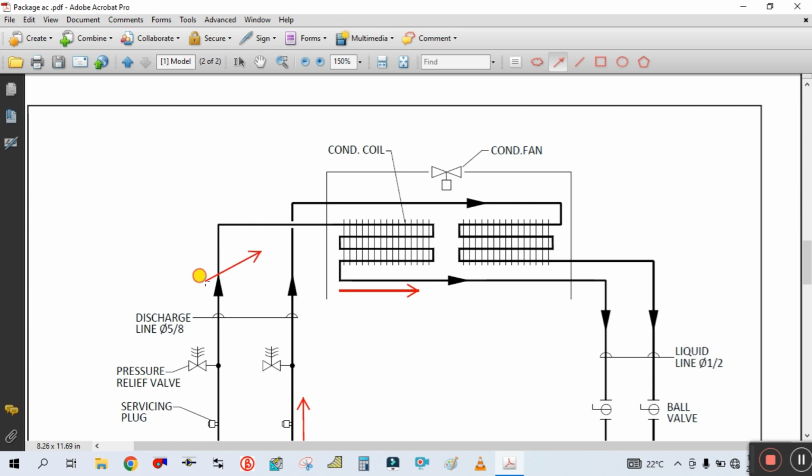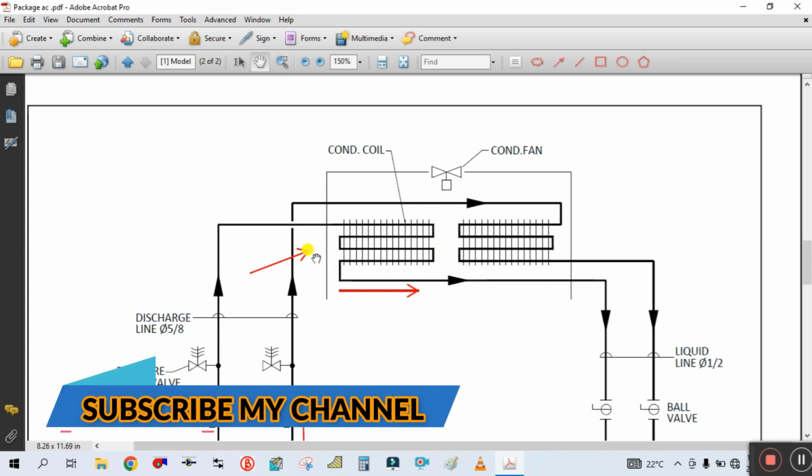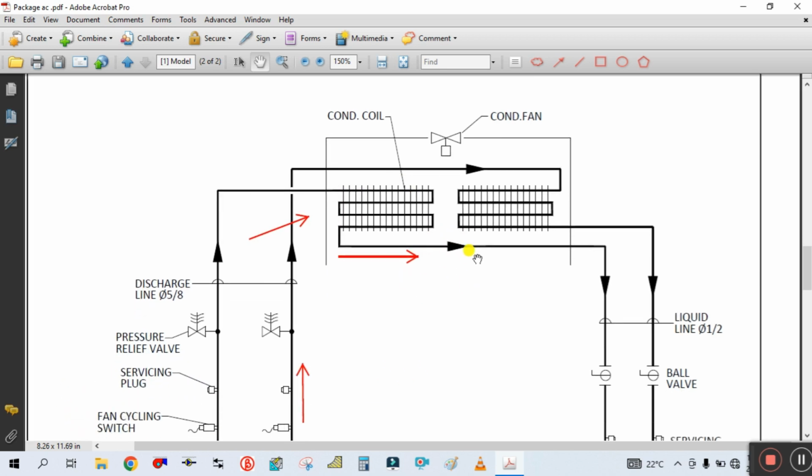It will suck the air from this side and pass it through this condenser coil. Because the outside temperature is lower than the temperature of this refrigerant, it will cool and change its phase from vapor to liquid, but the pressure is still high.